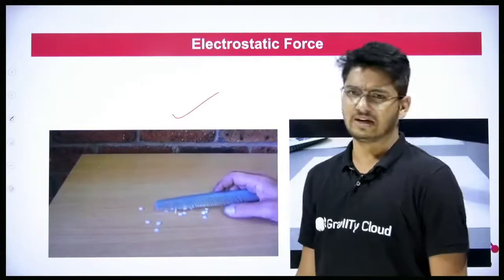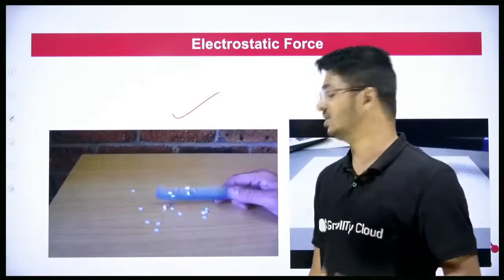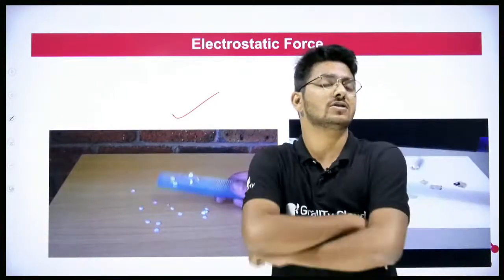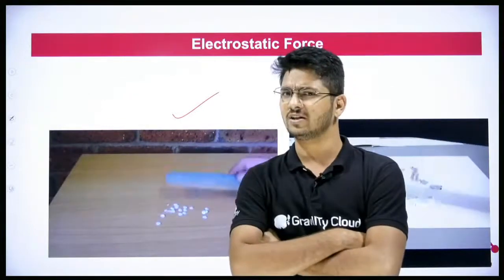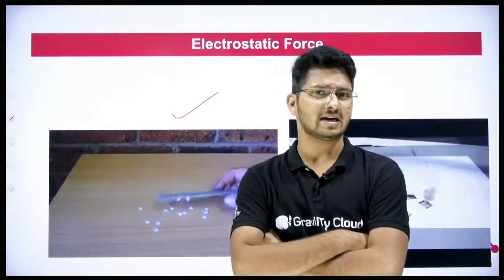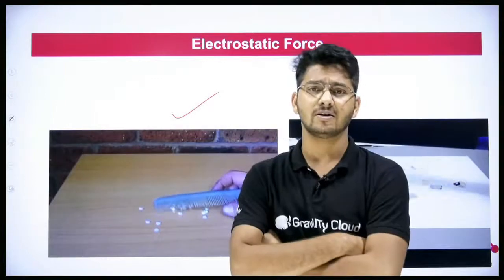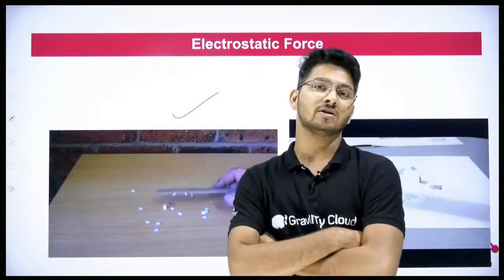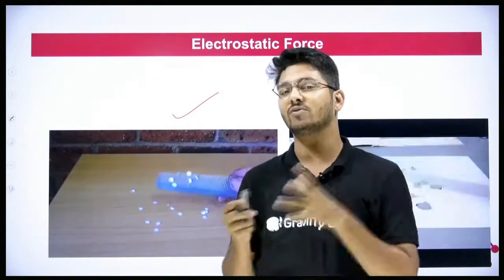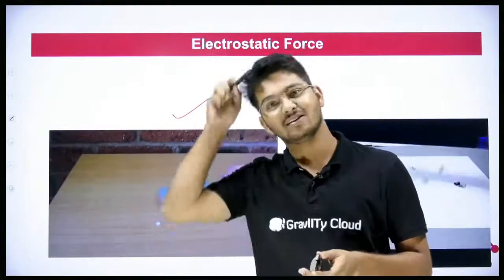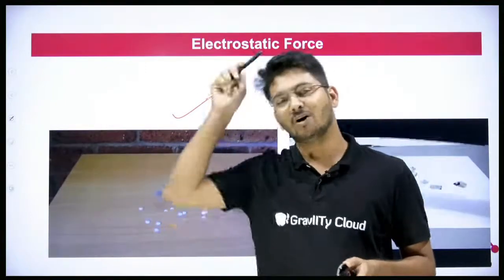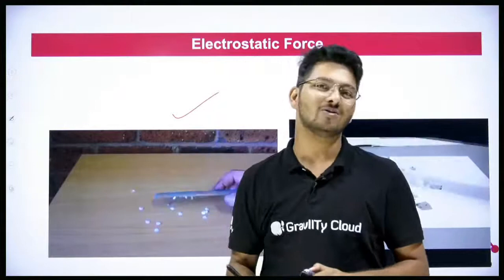Yes, many of us would have played it. The question is, which type of force is acting? Is it gravitational? No. Is it magnetic? No, plastic is not a magnet. So there should be some other force. And how did that force start? By rubbing the comb on your hair, yes or no?